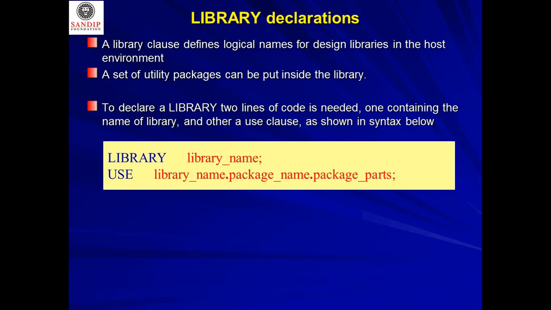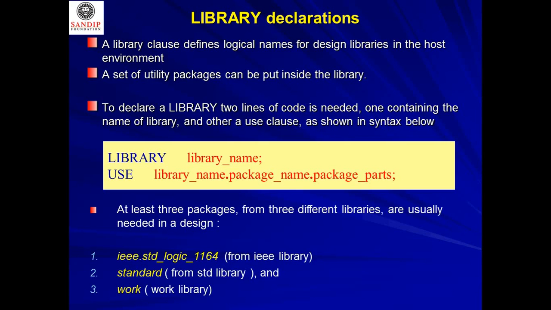Every library should start with the name library and end with the semicolon. Use clause uses packages and components inside that library. At least 3 packages from 3 different libraries are usually needed in design.